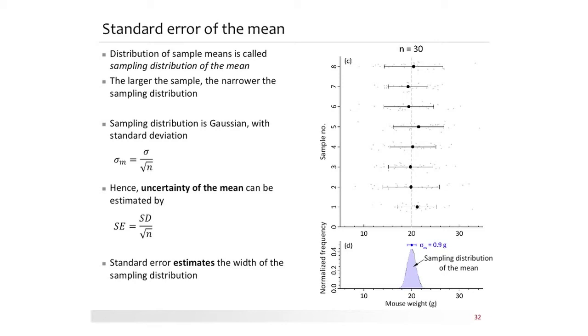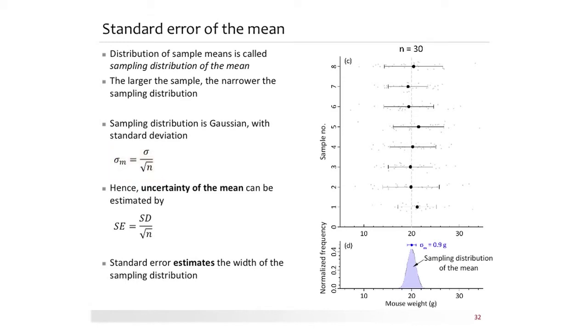So as I said, the larger the sample, the narrower this distribution. And you can show mathematically, there is a proof for this, that first of all, this distribution is Gaussian by itself, regardless of the shape of the original distribution. And the width, the standard deviation of this distribution, is the original standard deviation of your population divided by the square root of n.